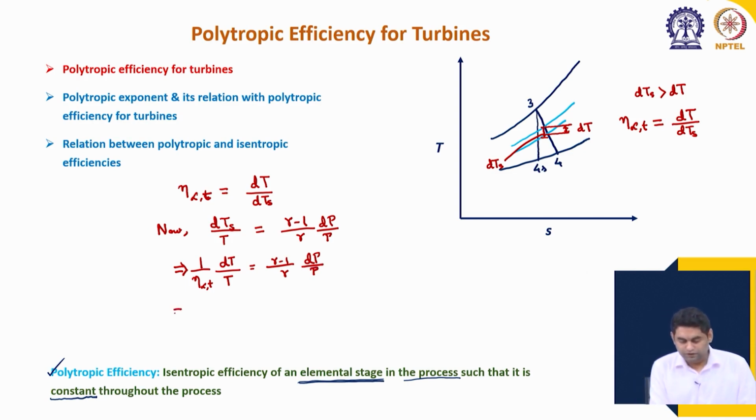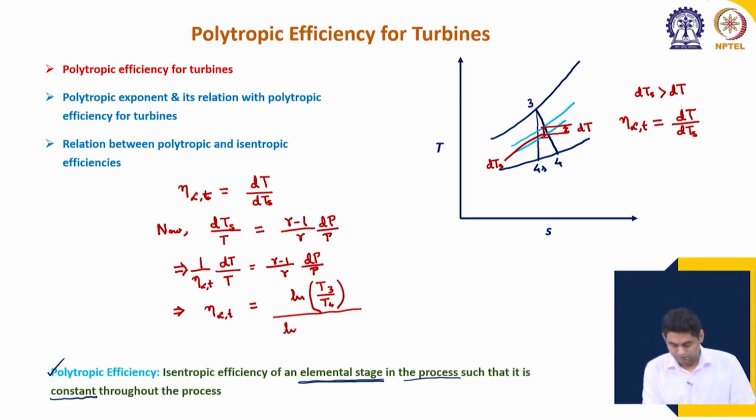Now after integration we can find that, jumping some steps, you can do the calculation, the polytropic efficiency is given by, if I am going from 3 to 4, the natural log of T3 by T4 divided by the log of P3 by P4 to the power gamma minus 1 by gamma.